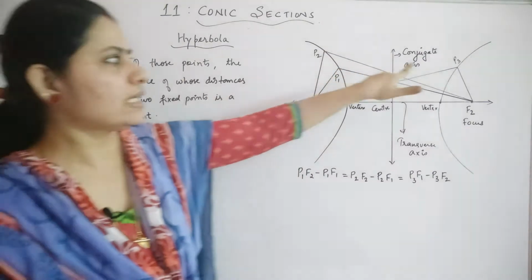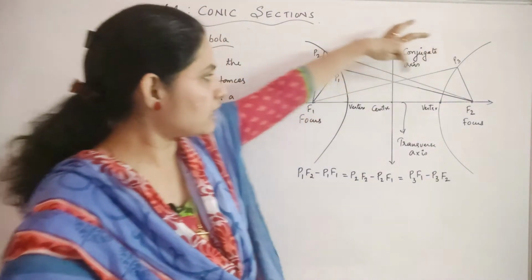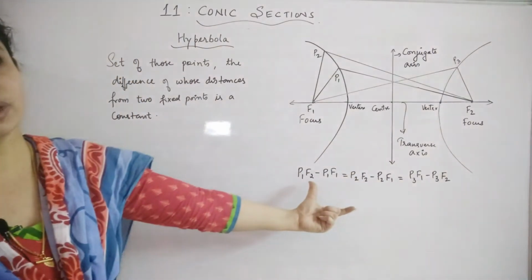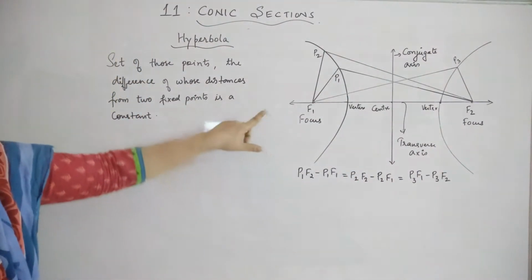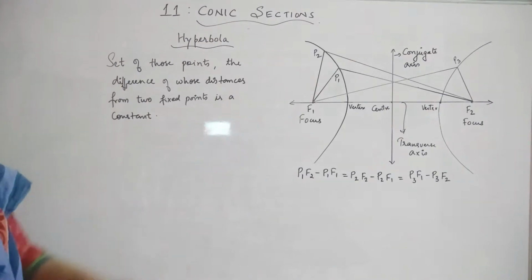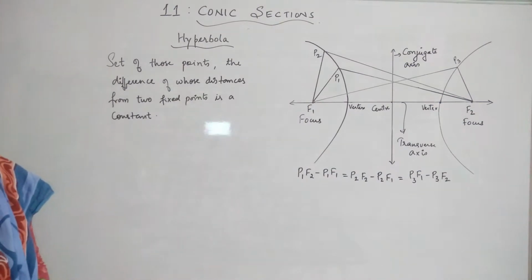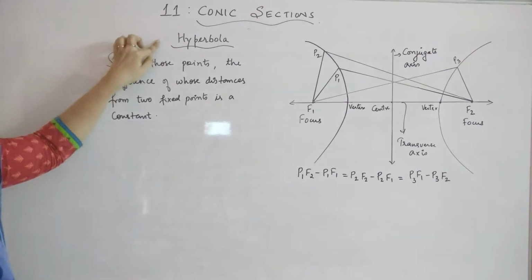Now again we are taking another point p3. Here this length is bigger, so I am taking p3 f1 minus p3 f2, but it should give you the same constant. So the locus of all those points, the difference of whose distances from the two fixed points f1 and f2 is the constant, will give you a hyperbola.